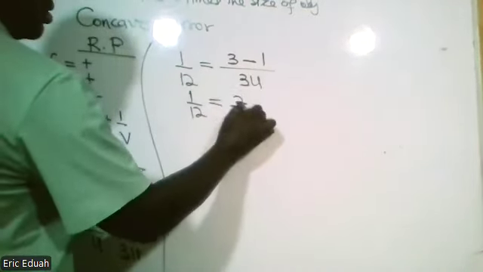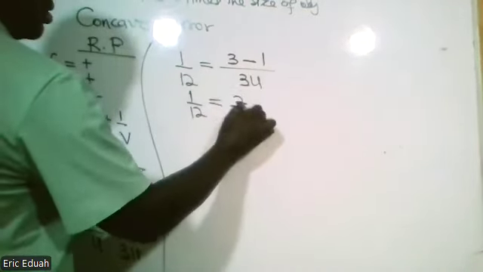So if the image is 3 times magnified, then the object distance will be 8 centimeters.